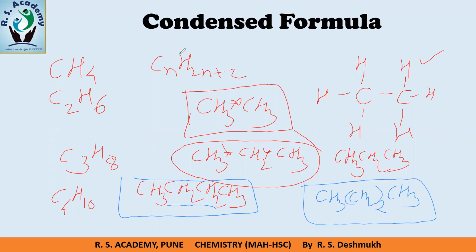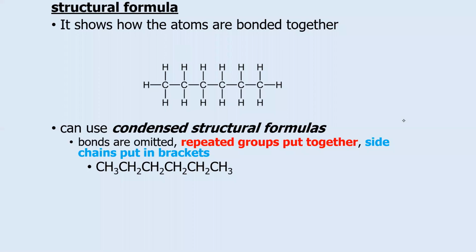Okay, so these are the basic parameters of how you should write the condensed formula. Whenever we are showing the condensed formula, you can observe here how many carbon atoms there are. There are 6 carbon atoms. The first carbon atom contains 3 hydrogen atoms, and the last one also contains 3 hydrogen atoms.